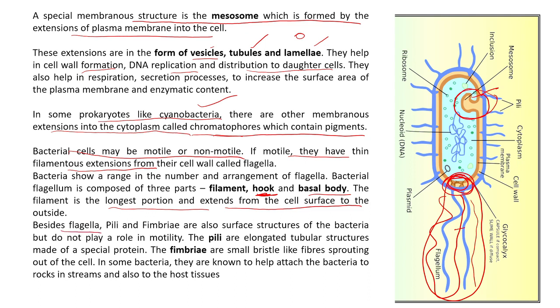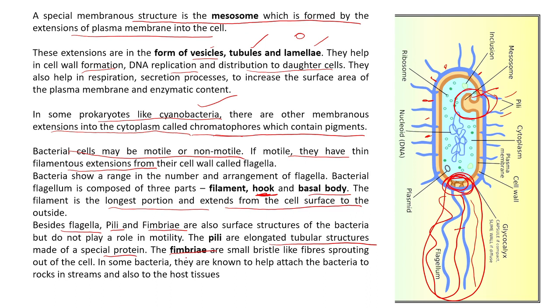Besides flagella, pili and fimbriae are also present. These are pili. They are smaller than the flagellum, but bigger than fimbriae. Fimbriae are also present in some bacteria. Pili also help bacteria in movement, and they are tubular structures made up of special protein.